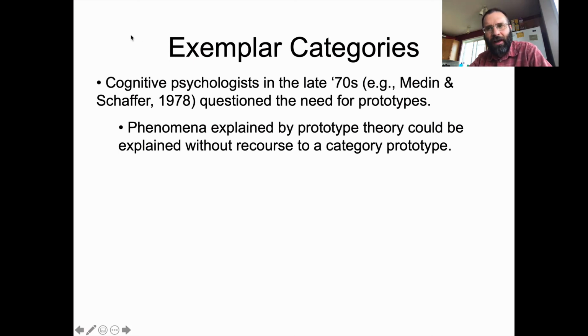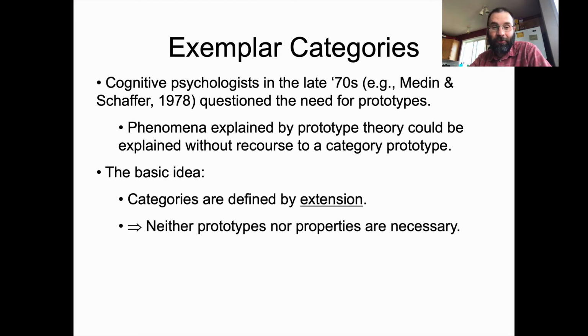And this is weird. It's kind of oddly anti-intellectual to say there's nothing you can hang your hat on with a category to say that's what defines the category, other than the stuff in it. But the point is that making that assumption in your model can help explain what people actually do. So whether or not it's satisfying to you as a linguist or as a thinker, it may be how the world actually works.